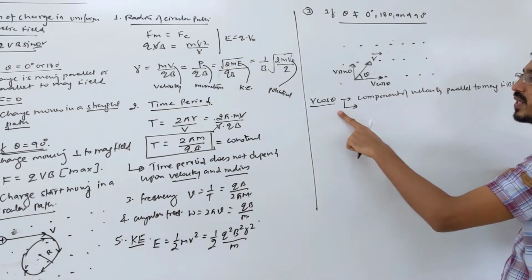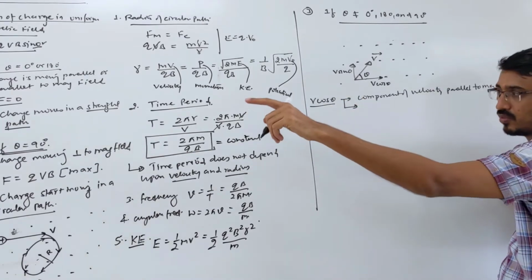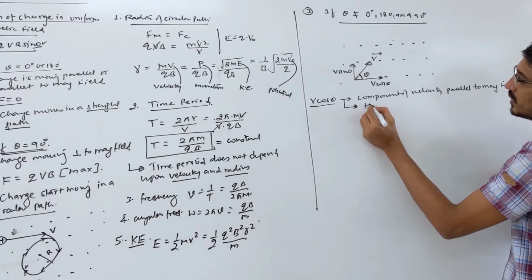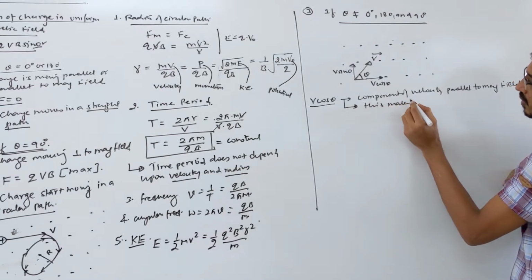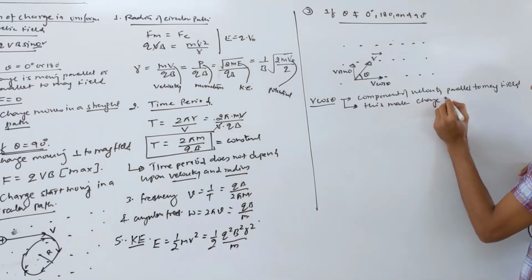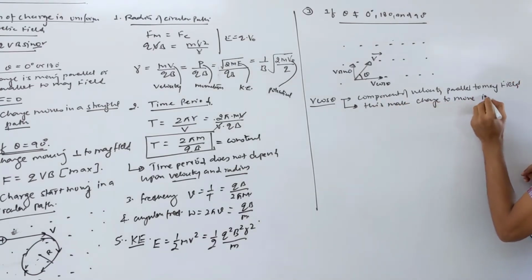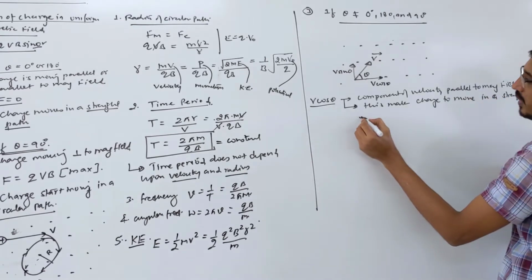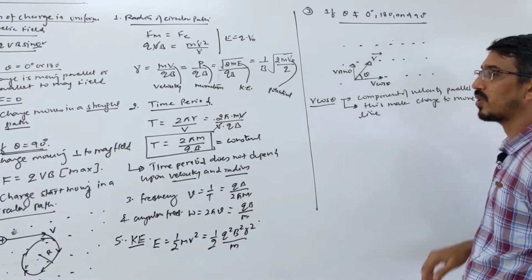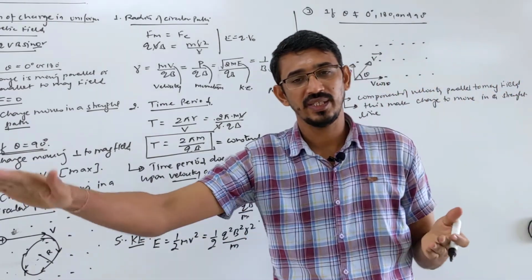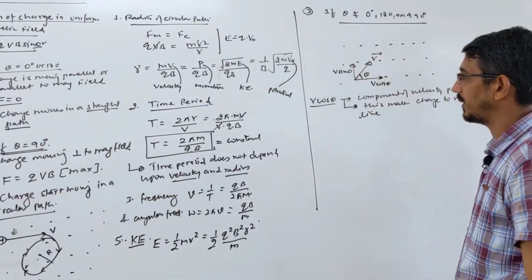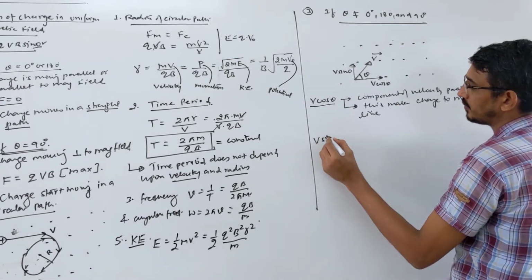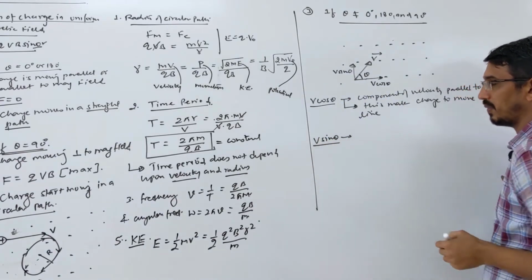So this component will make your charge move forward in a straight line, right? Correct. This component of velocity will try to keep the charge moving forward in a straight line. Then V sin theta, look here. What will this component do?